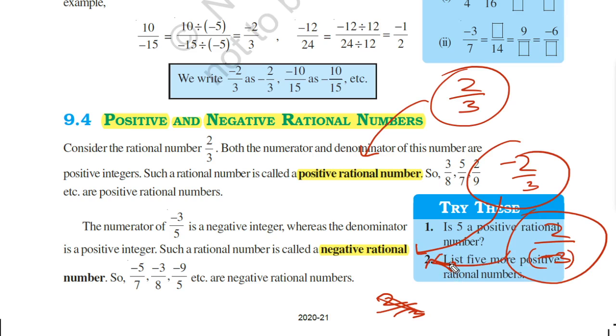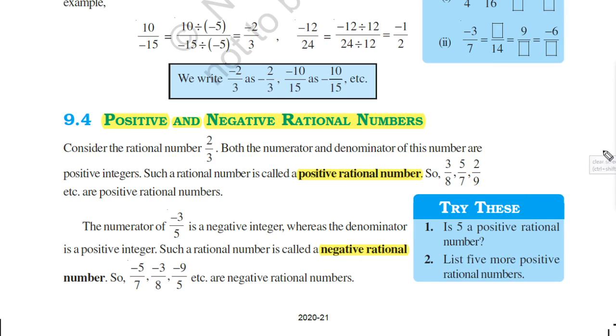A rational number is a positive rational number when both the numerator and denominator are positive. A rational number is a negative rational number when either the numerator or the denominator is negative.